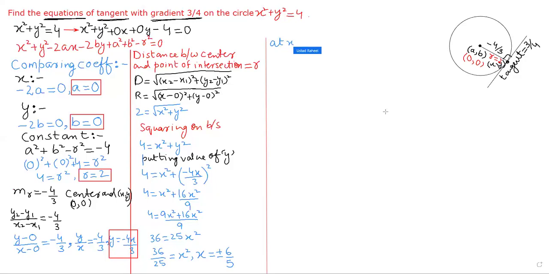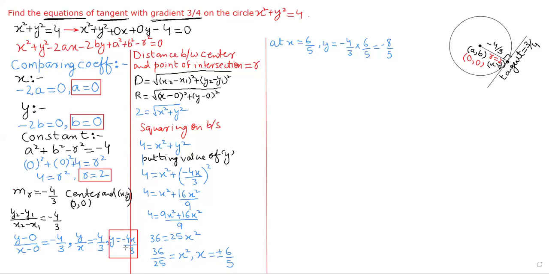At x equals to 6 upon 5, y क्या दिया हुआ था आपके पास? ये रहा y. Y equals to minus 4 over 3 into value of x, that is 6 upon 5. तो जब मैं इसको सिंप्लीफाई करूंगा तो my result will be coming minus 8 over 5. Okay.